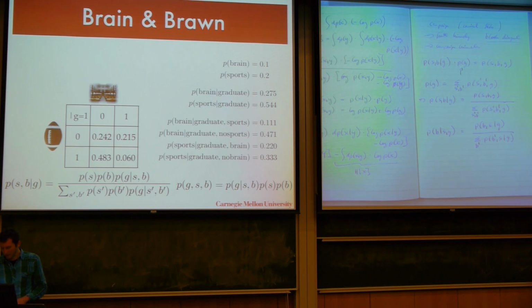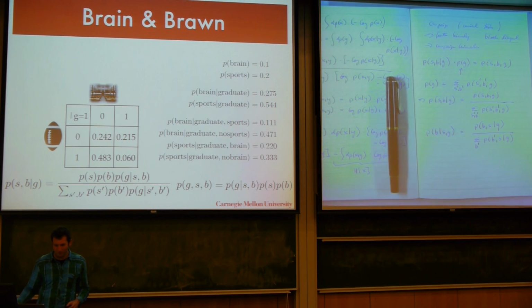Okay. And if I do this, I get 11%. So this is basically back to the average. And on the other hand, if I know that you're not sporty, then chances are even higher, right? Then you infer that the chances that you must be smart if you aren't sporty are 47%.